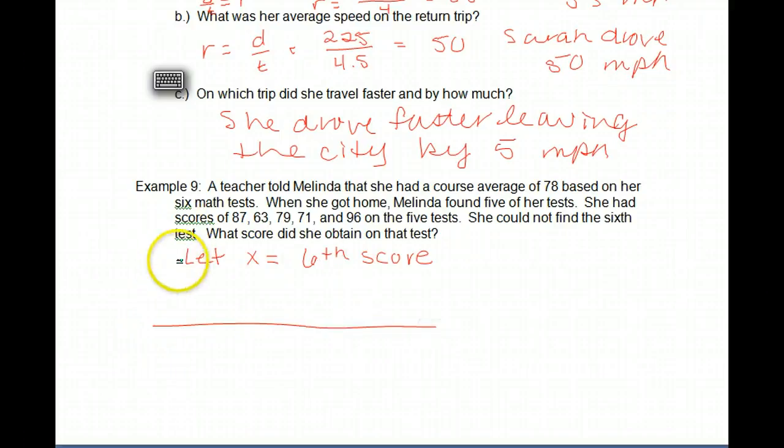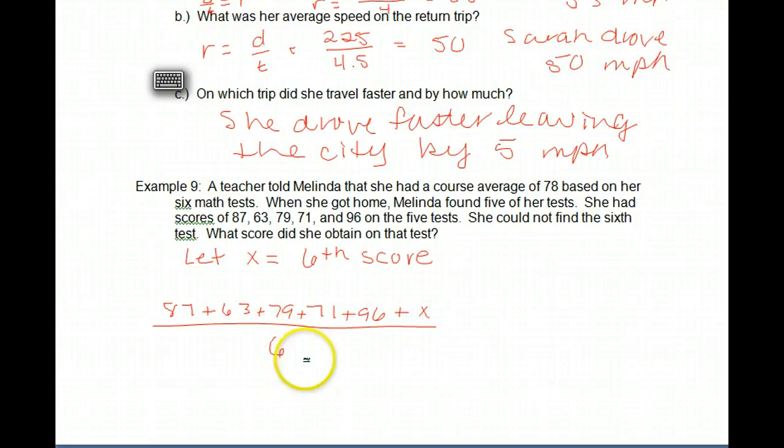So we're going to start by taking her 5 scores that we know, 87 plus 63 plus 79 plus 71 plus 96 plus her 6th score, which is unknown right now. We will divide all of them by 6, and that is supposed to give us her average of 78 that her teacher told her.